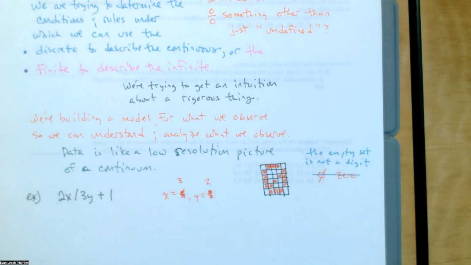Take a moment and evaluate this expression for x equals 3 and y equals 2. Invisible timer. We've got a value. What do you got? 2.